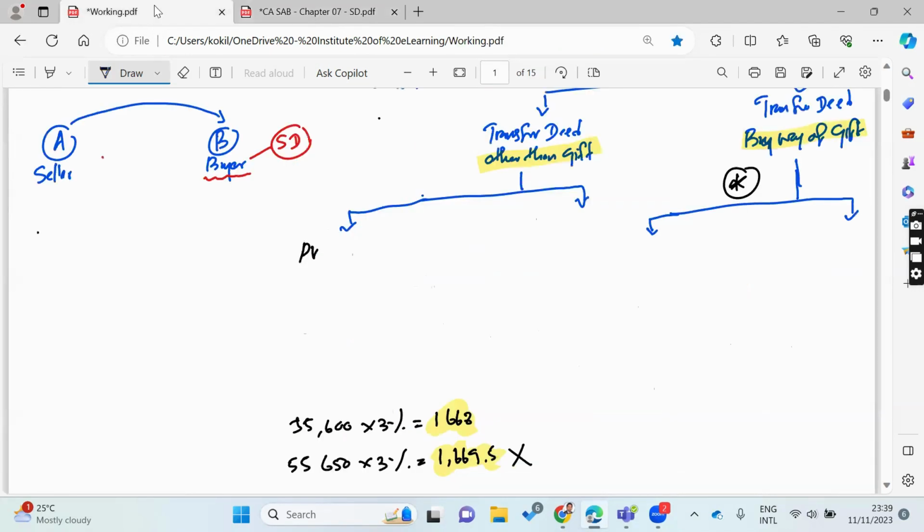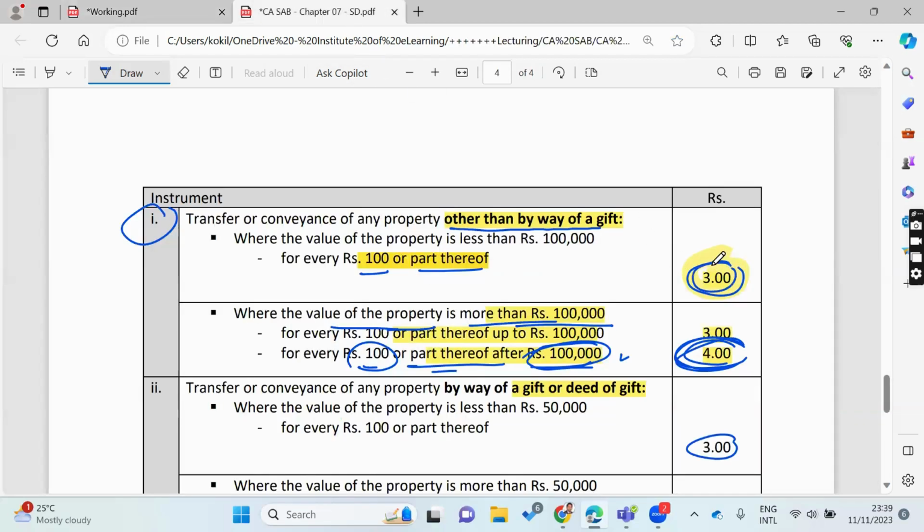If the property value is less than 100,000, you need to consider every 100 part, the rate to be 3 rupee.